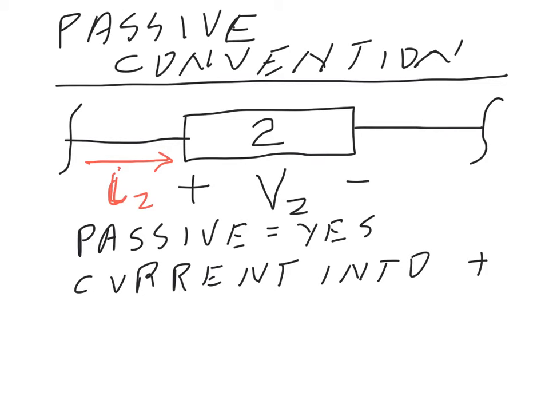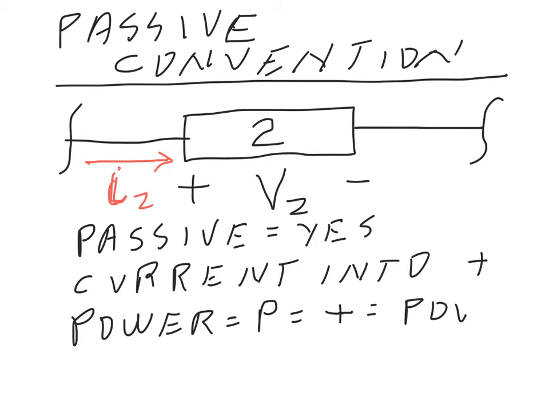And because it is passive, that tells us that our power, which typically we'll abbreviate as P, is positive, and positive power tells us that power is being absorbed by this device.